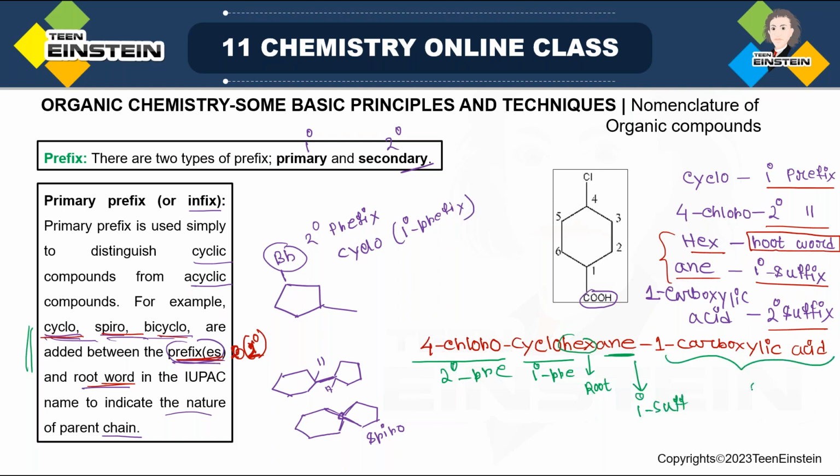And this one is 2° suffix. So I hope it is now clear how we are getting the name, all these terms together, and we have also seen the use of all these terms. Though if it is not cyclic, you will hardly use this. Actually, you will not use this 1° prefix. It is simply specifically for cyclic compounds.